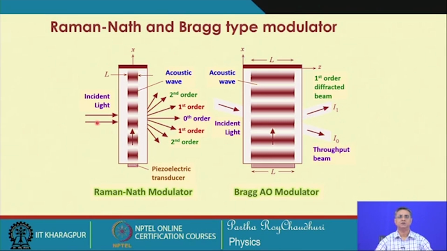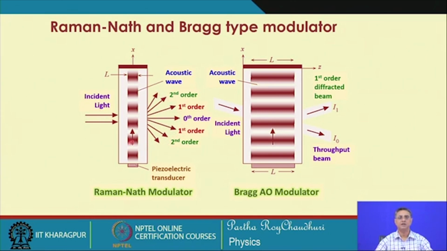This is how Raman-Nath and Bragg type diffraction differ. In the Bragg case, there is a periodic exchange of power between these two, but in the Raman-Nath case, the light from the 0th order will be distributed over all the higher order diffracted beams.